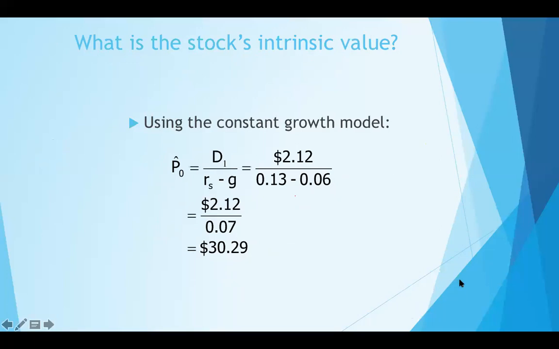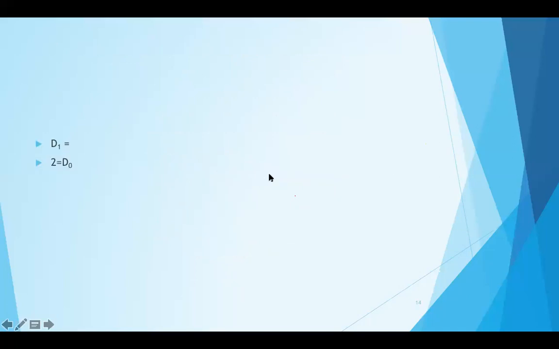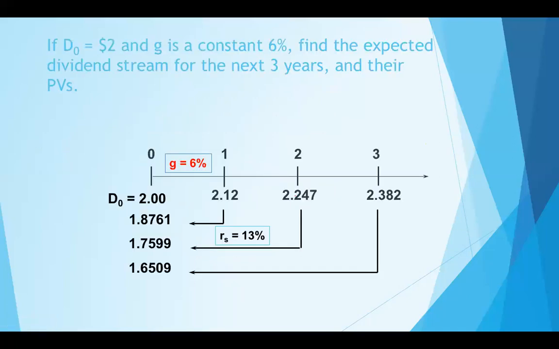Why do we divide D1 directly by Rs? We are discounting the cash flow, Sander. If you discount for 1 year, yes, you have to discount for the second year, the third year, fourth year, fifth year, and add them all until forever.